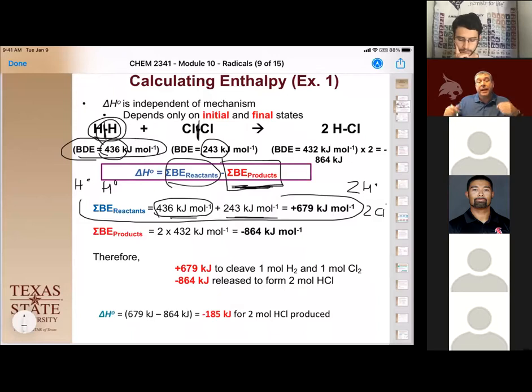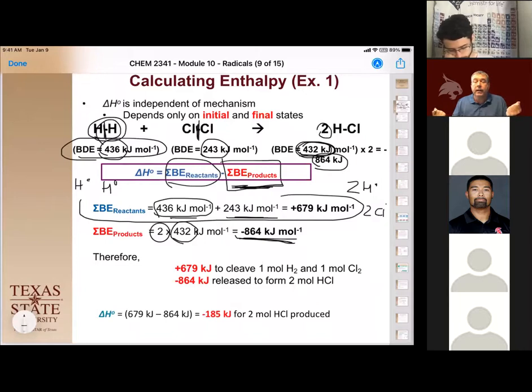Now, the next reaction is those two combining. The bond dissociation energy of that is 432, but we have two equivalents of it, so we have to double that, giving 432 times two. It's negative because the bond dissociation energy is for breaking it apart, but we're putting it together, so it's the opposite.